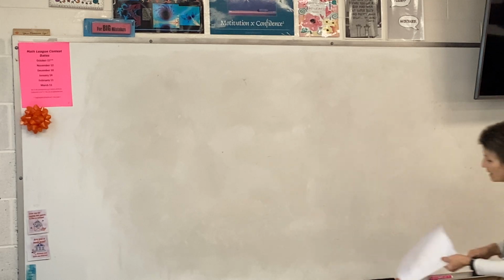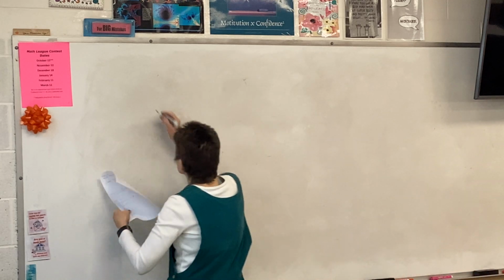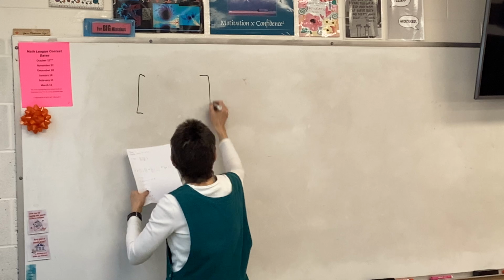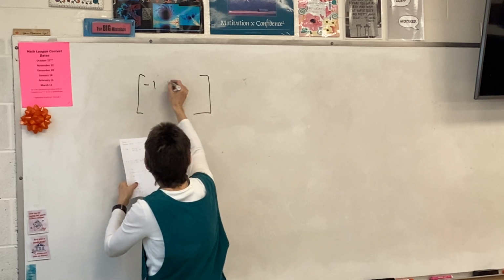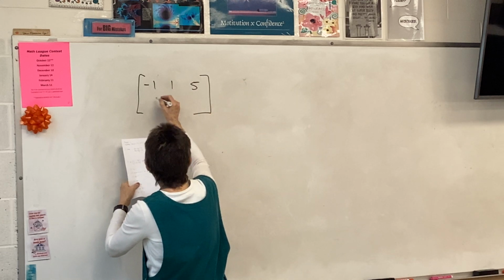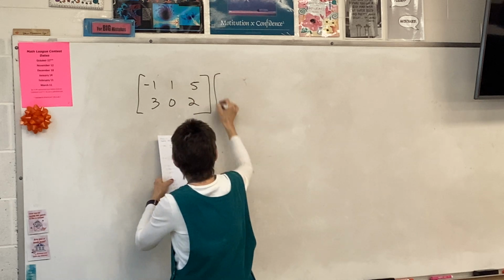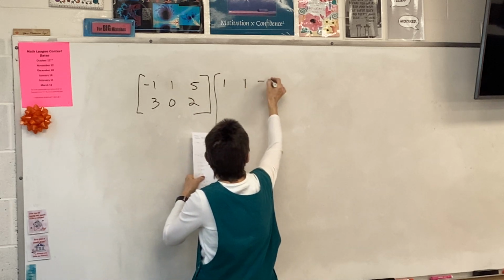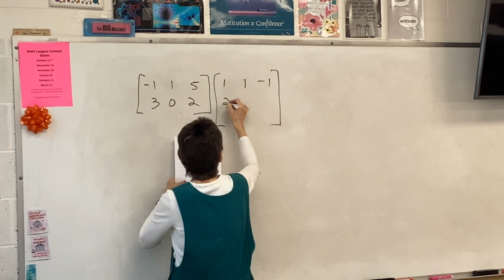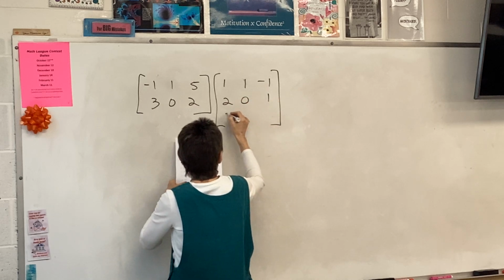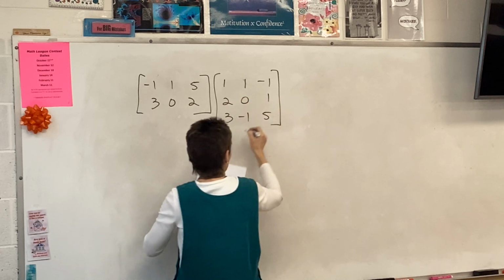A times B. All right, we spent a lot of time multiplying yesterday. So A is this matrix, and B is this one. Can they be multiplied? Is it a doable problem?